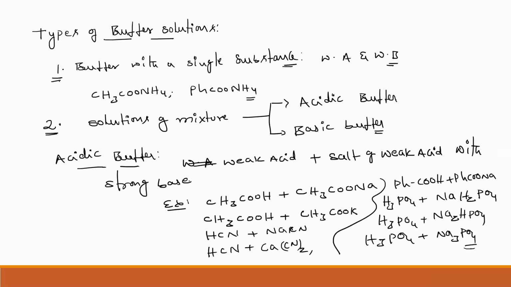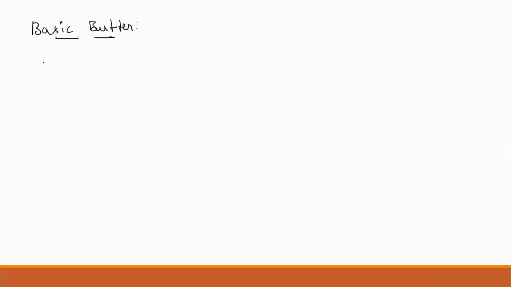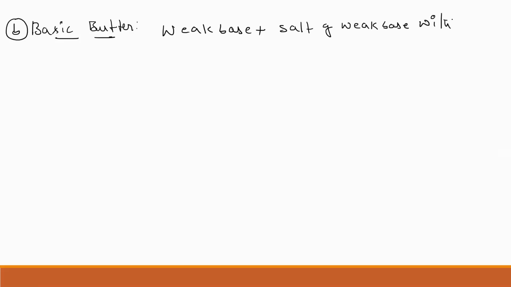What I call here acidic buffer A, and basic buffer B. So the basic buffer is a combination of a weak base plus a salt of the weak base with a strong acid. So this is a basic buffer.